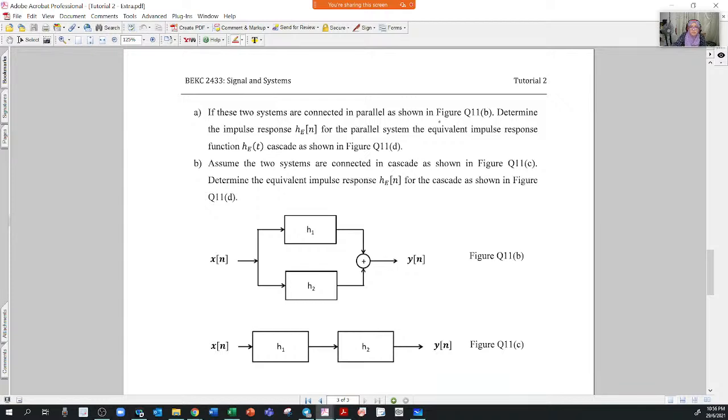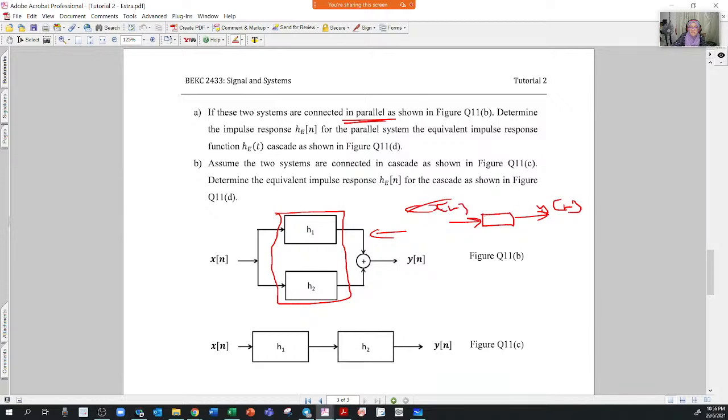Okay, so this shows in parallel. Determine the impulse response HE for the parallel system. So actually what it asks is that it asks you to get this equation. If I were to write this out, you have Yn, you have Xn.